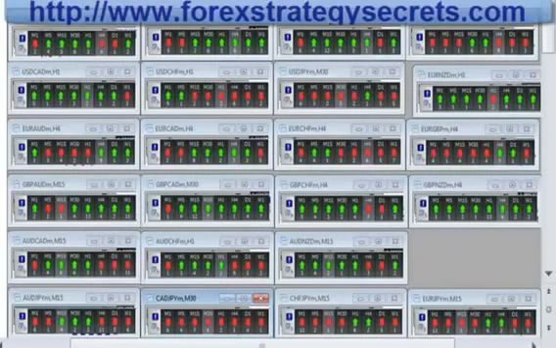That's an indication to me that that particular pair is strong in whichever direction it's going, and then I'll start looking for the next smaller time frame and see if it's about ready to turn, or what it's doing for possible entries on a smaller time frame.